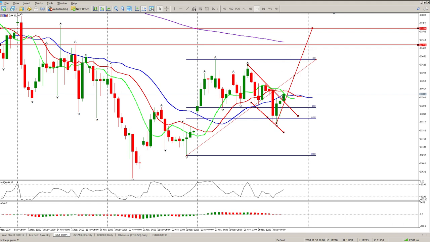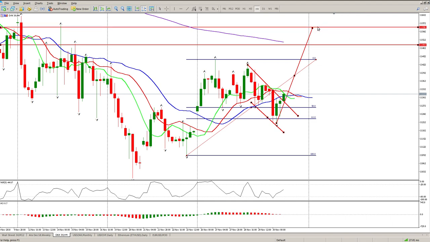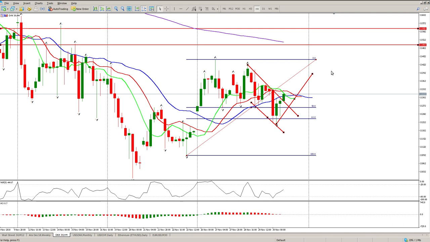So what I'm suggesting is as follows. If I use this measured move line here and pull that down back to where it was, what I'm suggesting happens here is we gap up, and we are going to tag somewhere in this area.